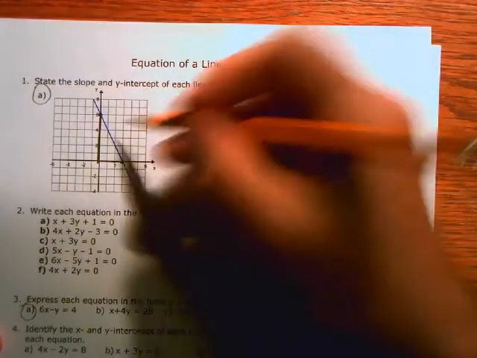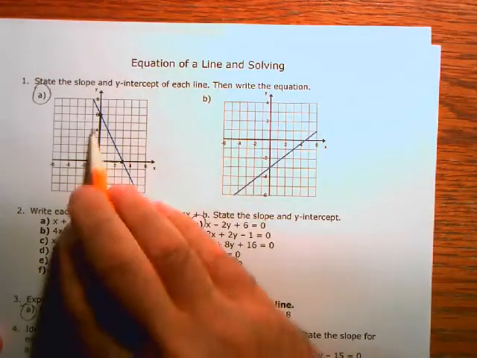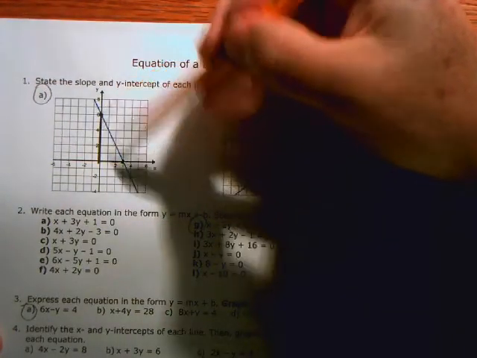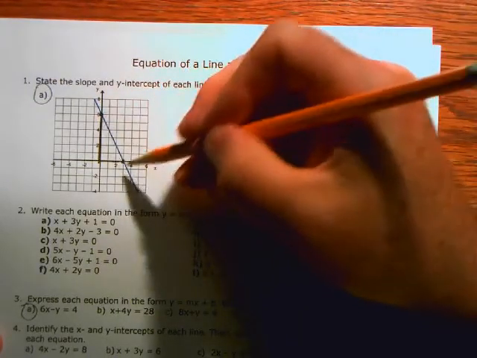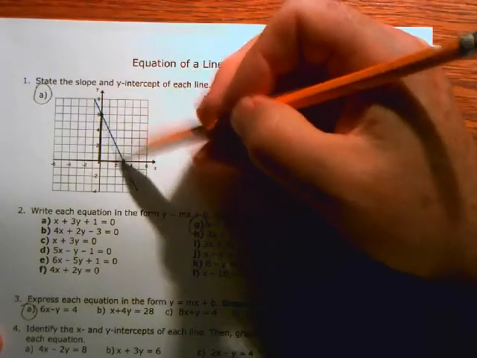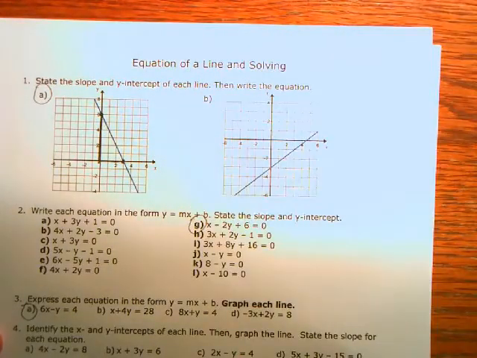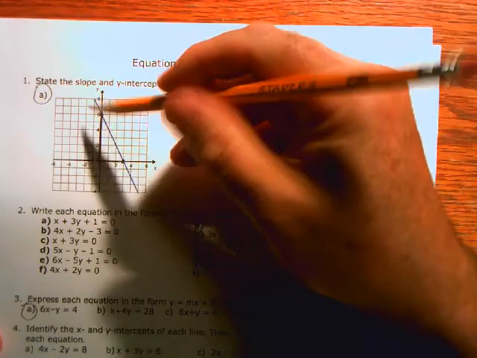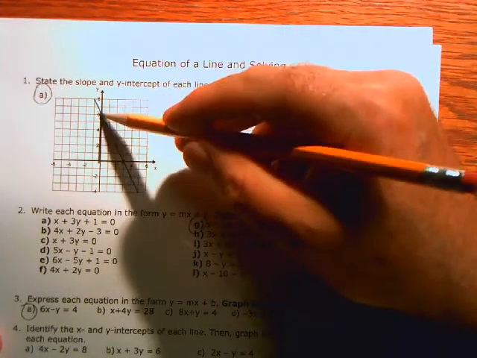Okay, so in this case, you ask yourself, I'm going from this point to this point. What's the rise and the run going from here to here? Well, I'm going down, so I'm losing the height. My rise is going to be negative.